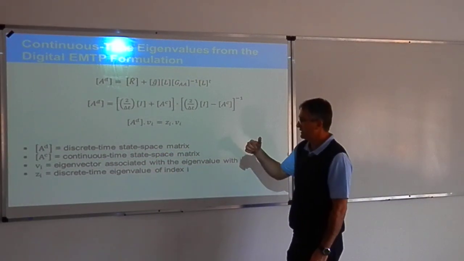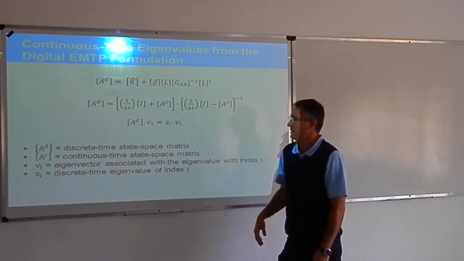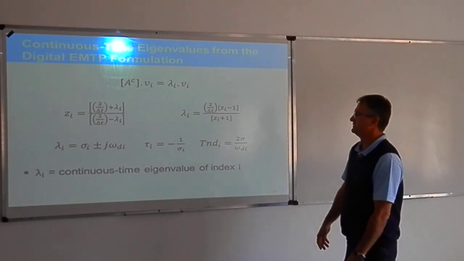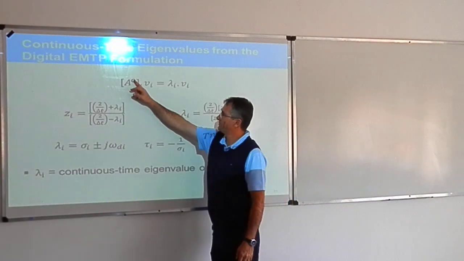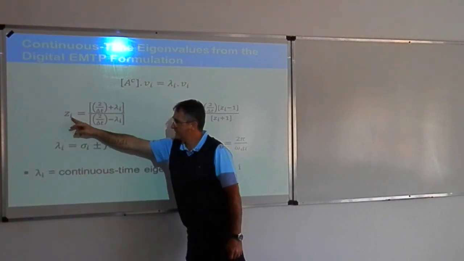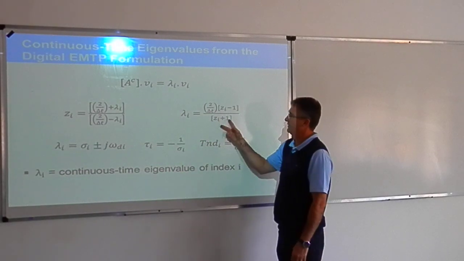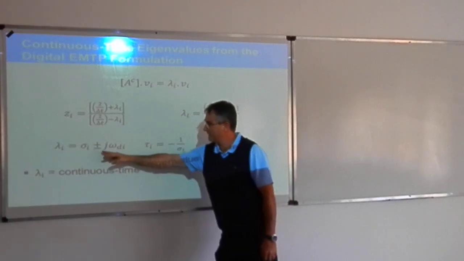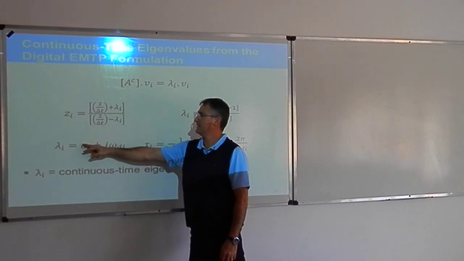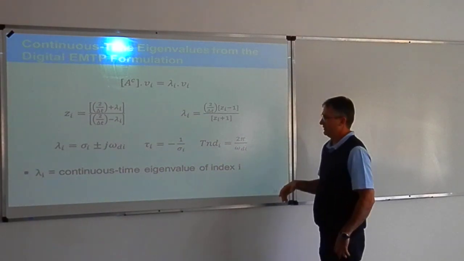And then you can calculate the discrete time eigenvalue and eigenvector, and from that, having the continuous time state space matrix, you can move from discrete time eigenvalue to continuous time eigenvalue. So having the eigenvalues, you can look into the real and imaginary part, and it's almost straightforward.